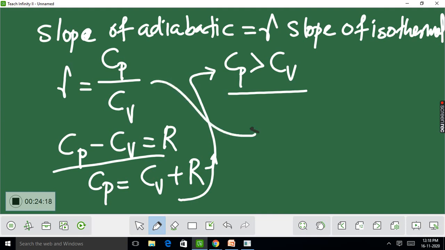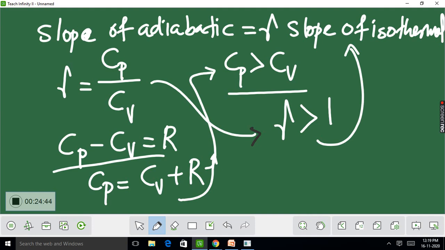Therefore, what about gamma? The numerator is greater than the denominator, therefore gamma is greater than 1. Now look at this result. The slope of adiabatic is gamma times the slope of isothermal.